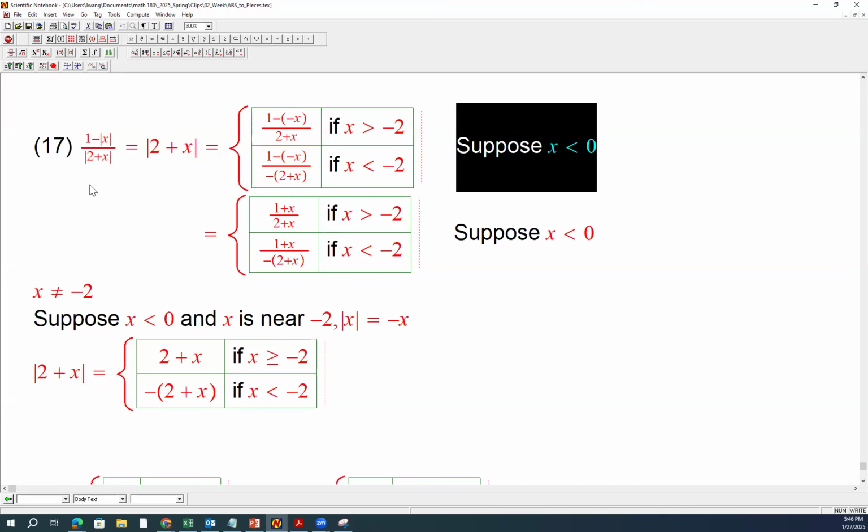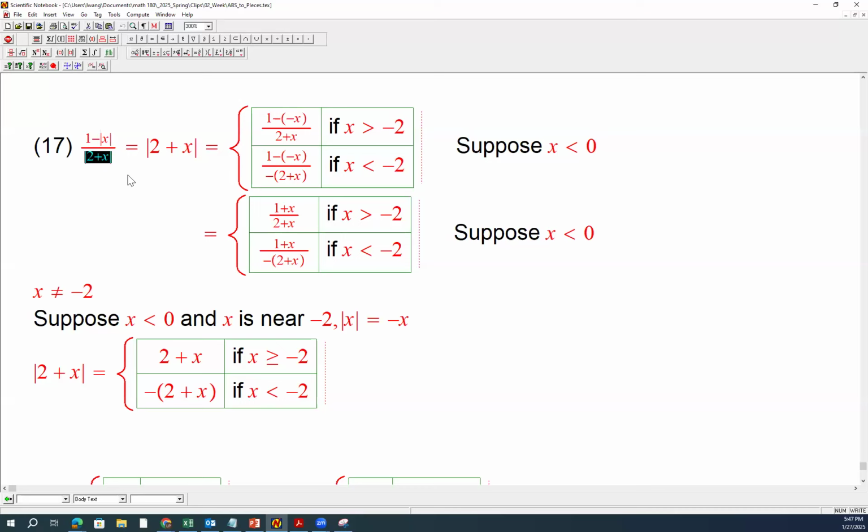Then you say, what if it's in the neighborhood of 0? Well, if in the neighborhood of 0, we can assume x is not equal to -2, so the denominator would not be of a concern. So for now, take this question because we take it out of the context of calculus.